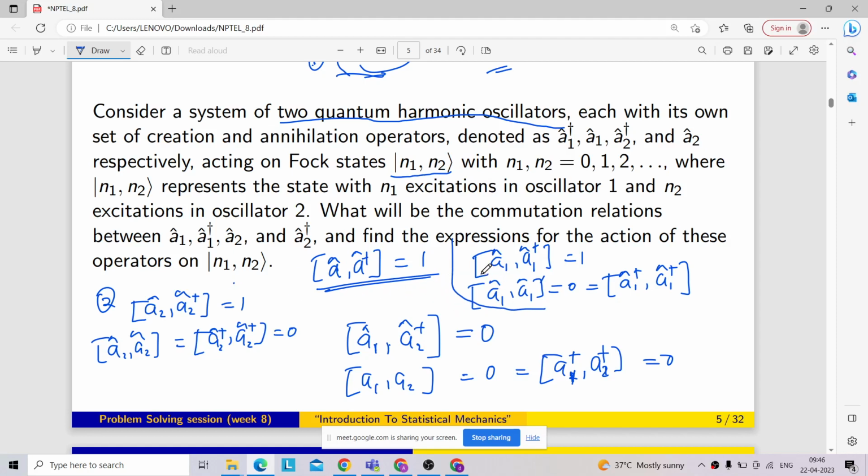So briefly, the commutation of A1 with A1 dagger is 1, A2 with A2 dagger is 1, and the rest are all 0, right? Then the next question is to find the expressions for the action of these operators on this Fock state N1, N2.